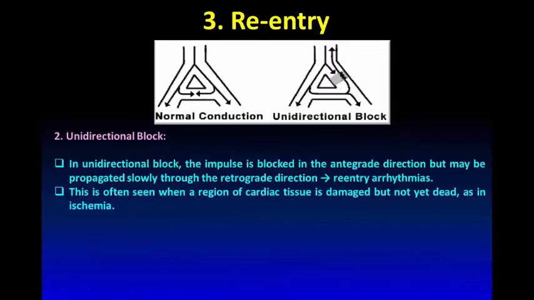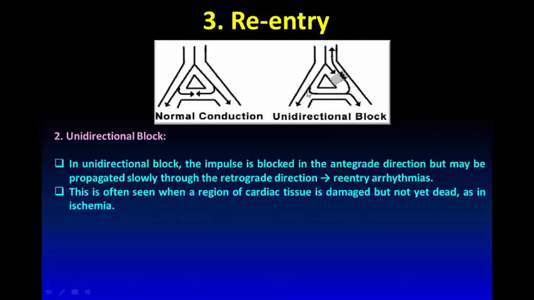In unidirectional block, the impulse is blocked in the antegrade direction. So the impulse doesn't pass in the antegrade direction because this area is not allowing the impulse to pass through.